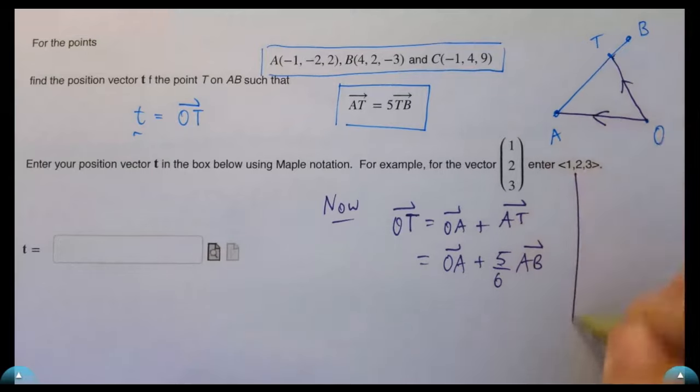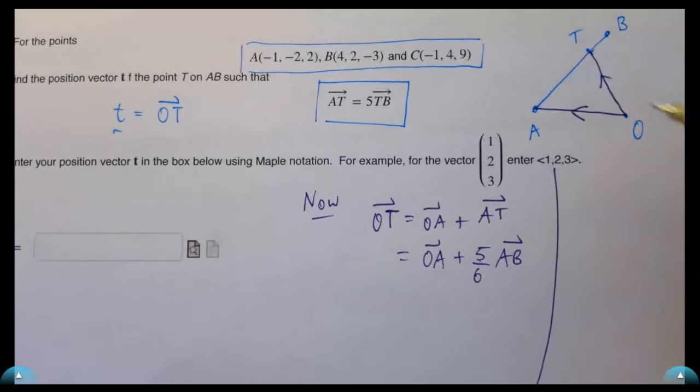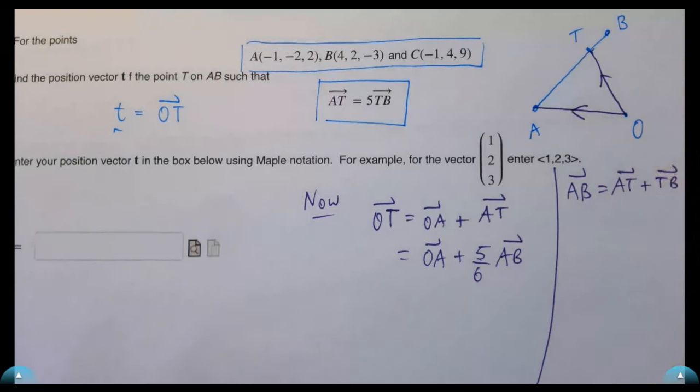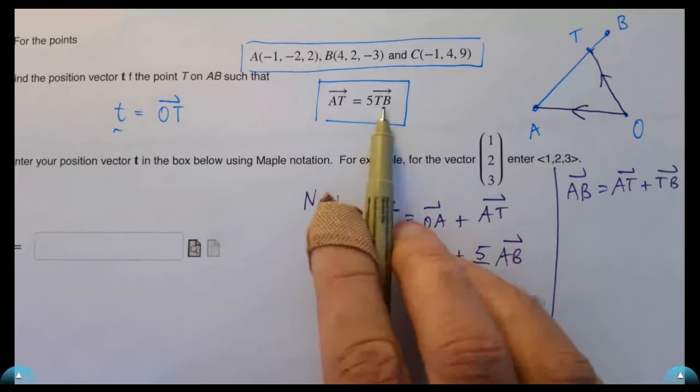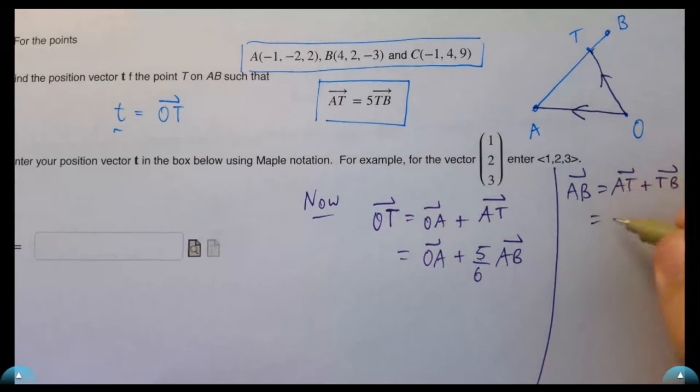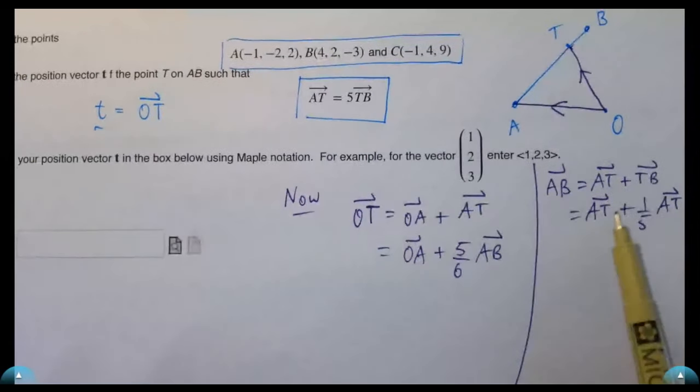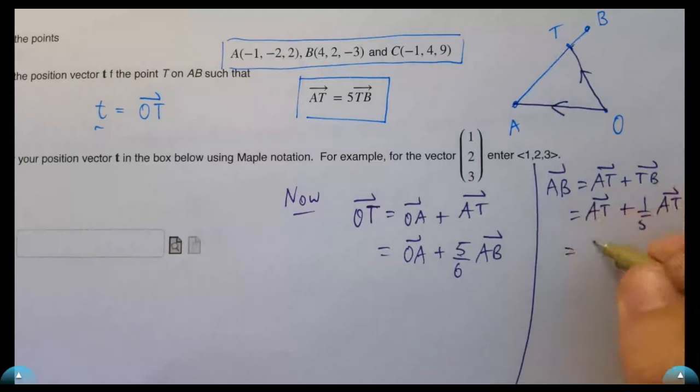If you're a bit worried about where that came from, don't worry. Let me write this in another way. The vector from A to B is this vector plus this vector, and TB is just AT divided by 5. So we add these two up, and then rearrange.